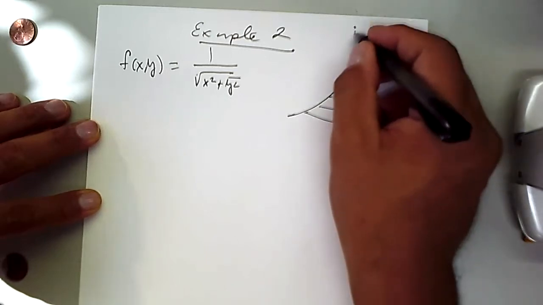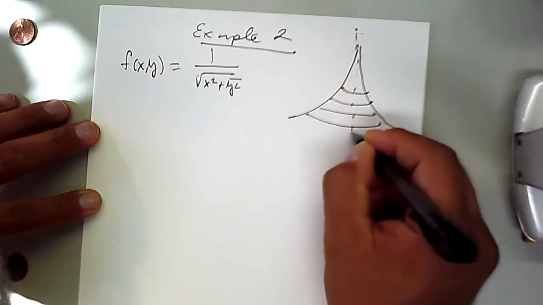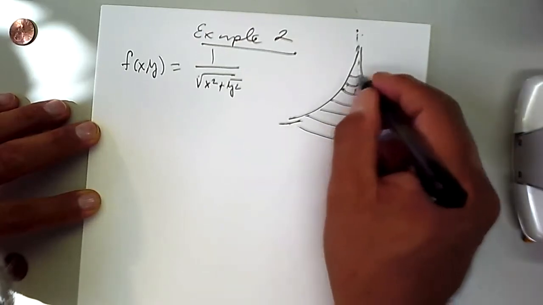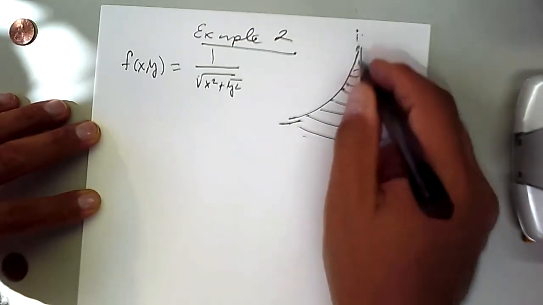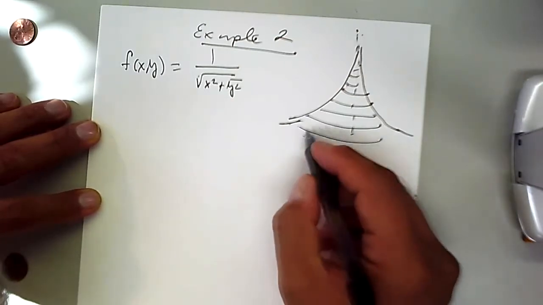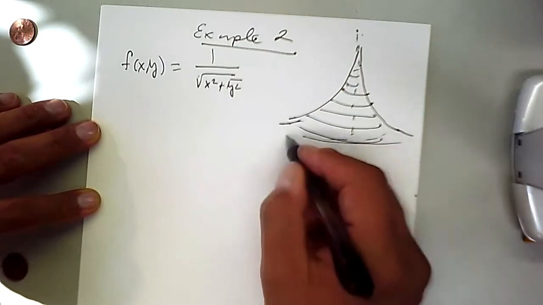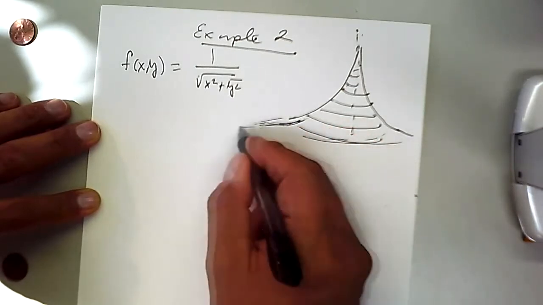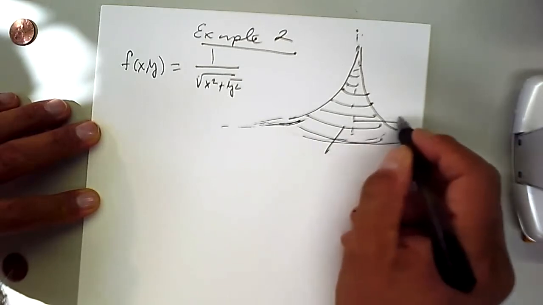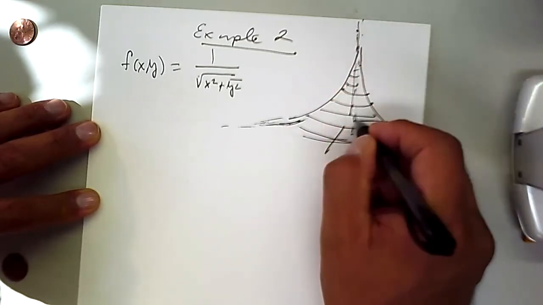It has a huge asymptote here. And there. It's a circular, sort of a hyperboloid. And this extends forever and ever through the whole plane. So pretend that's that. And the asymptote happens at the z-axis.